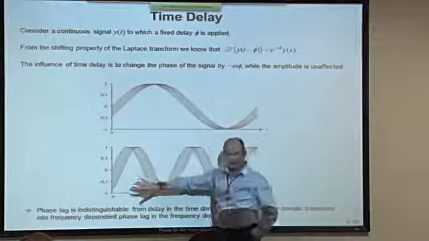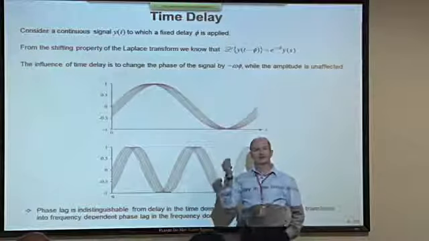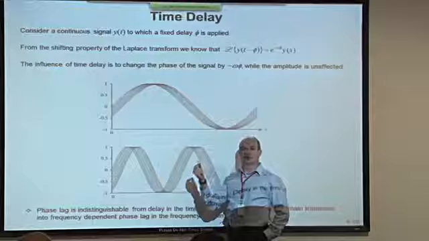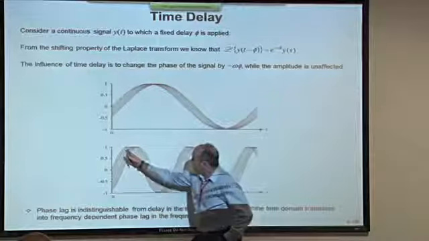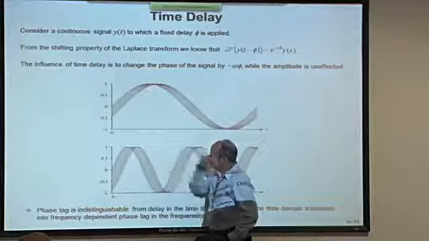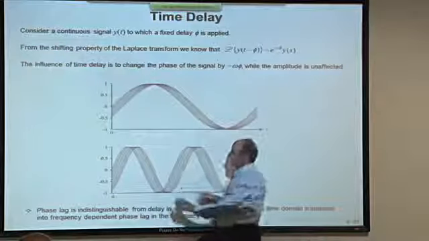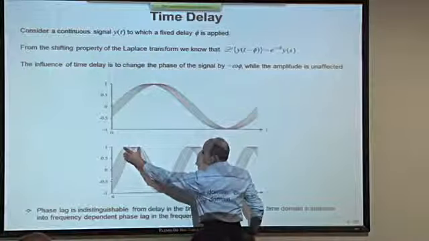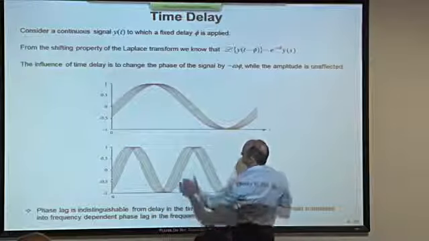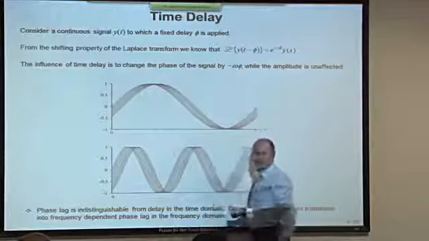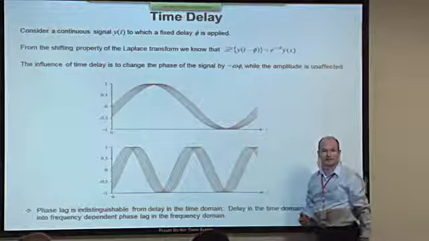And down below I have a different frequency sine wave, but the same incremental change in time delay. So this time delay is being incremented. These are identical. Now, can you see that as a proportion of wavelength, the phase change that this delay is incurring is much bigger here than it is up here, because the frequency is higher.